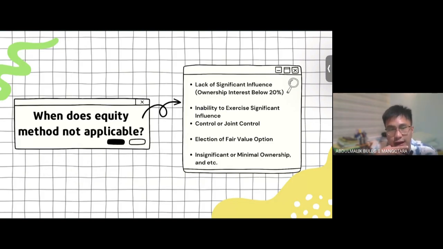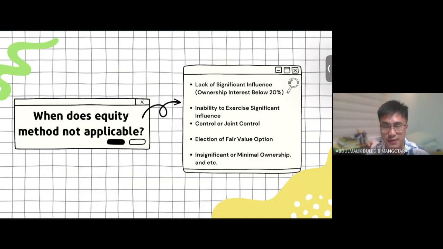First is lack of significant influence, which means ownership interest is below 20%. Typically, if an investor holds less than 20% of the voting power of an investee, it is presumed that the investor does not have significant influence over the investee's operating and financial policies. In this case, the equity method is not applied.